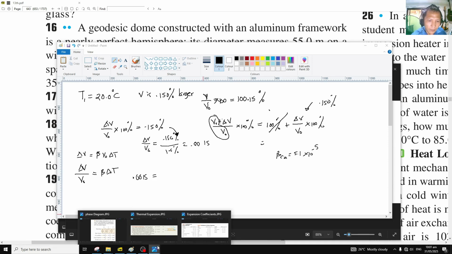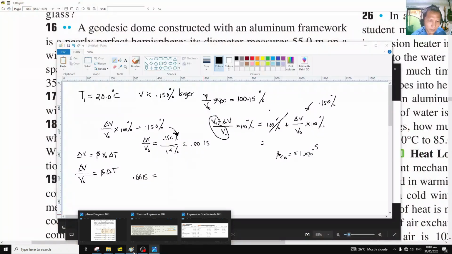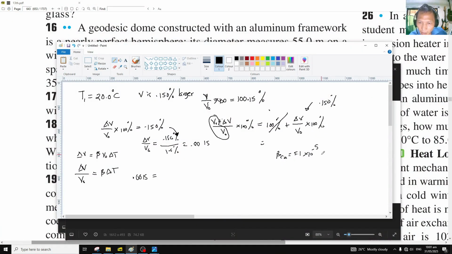Because this is temperature, per Kelvin. So, Kelvin to the negative 1 or per Kelvin. So, substitute it here. 5.1 times 10 to the negative 5 per Kelvin. So, that's the beta. And then your delta T is T2, of course, the unknown, minus your 20 degrees Celsius.